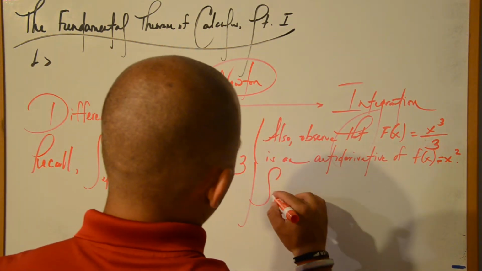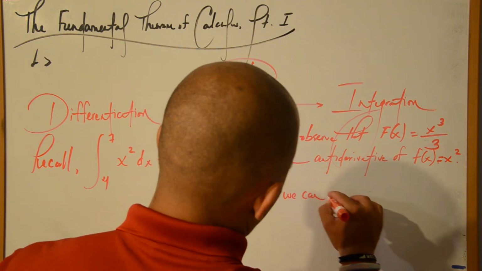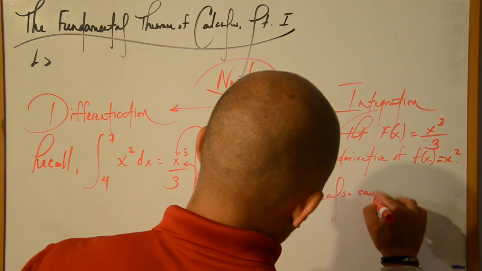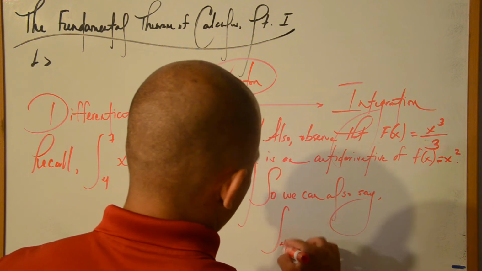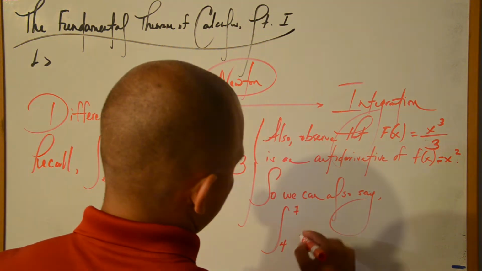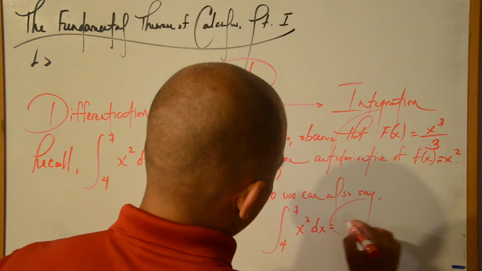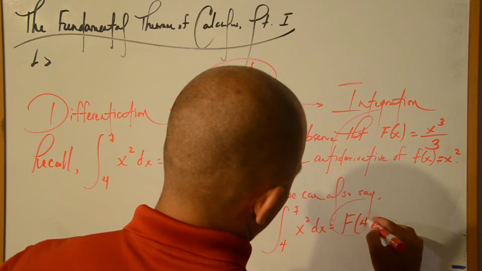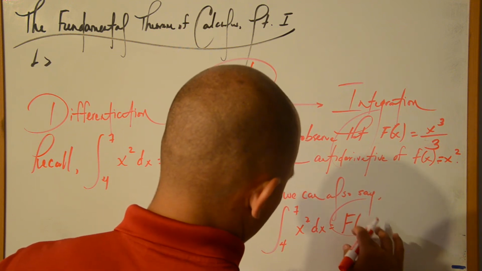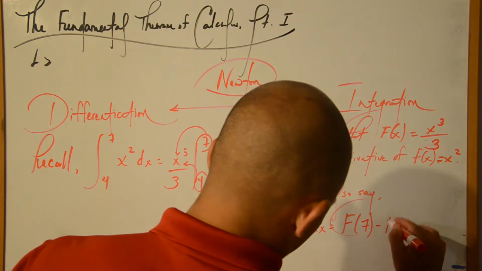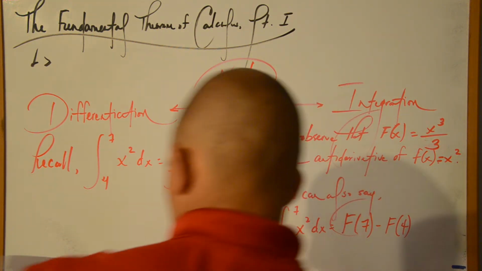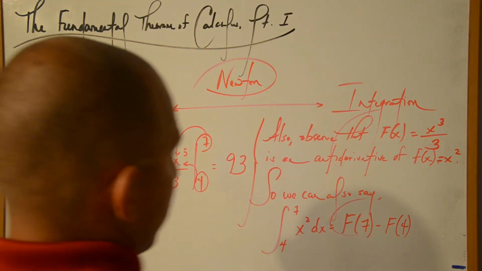So we can also write that the definite integral from 4 to 7 of x squared dx is simply equal to capital F for the outputs of the bounds of the antiderivative.